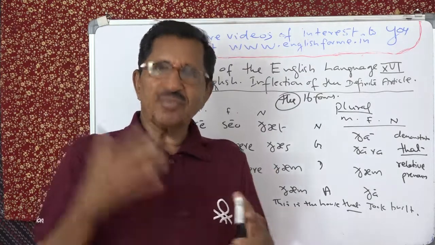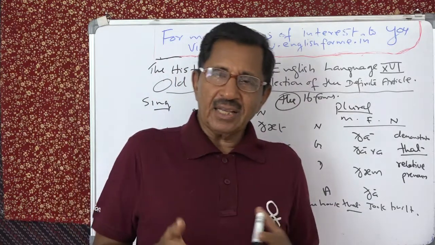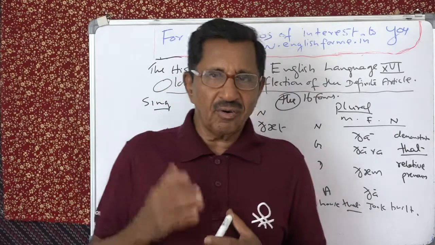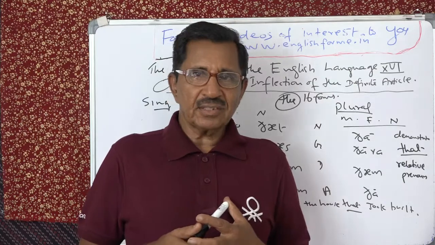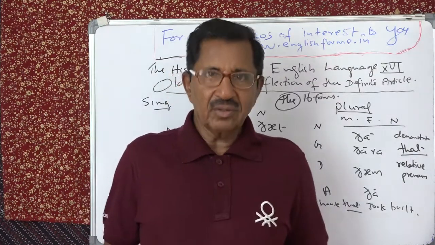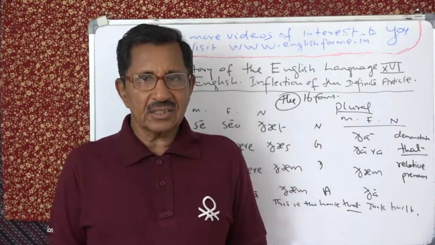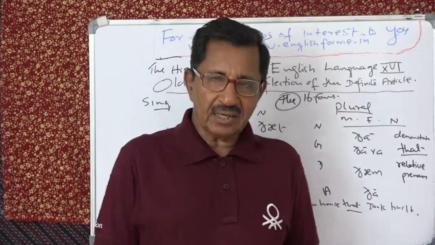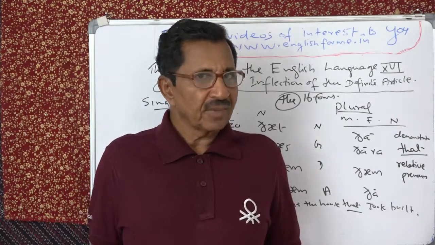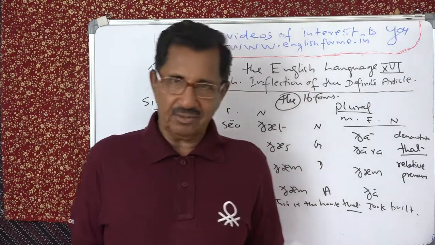Case means function. When a noun or a pronoun or a definite article or an adjective functions as the subject, it is nominative. When it shows possession, it is genitive. When it is an indirect object, it is dative. When it is a direct object, it is accusative.